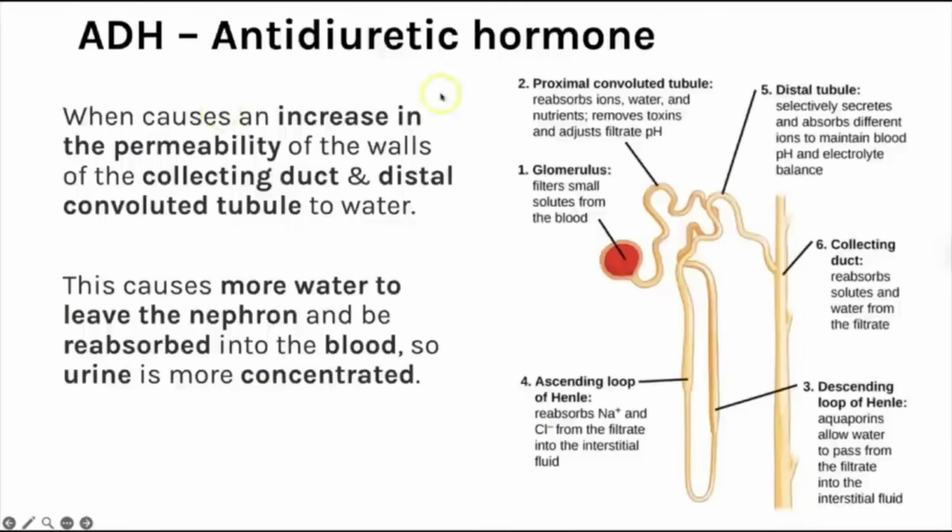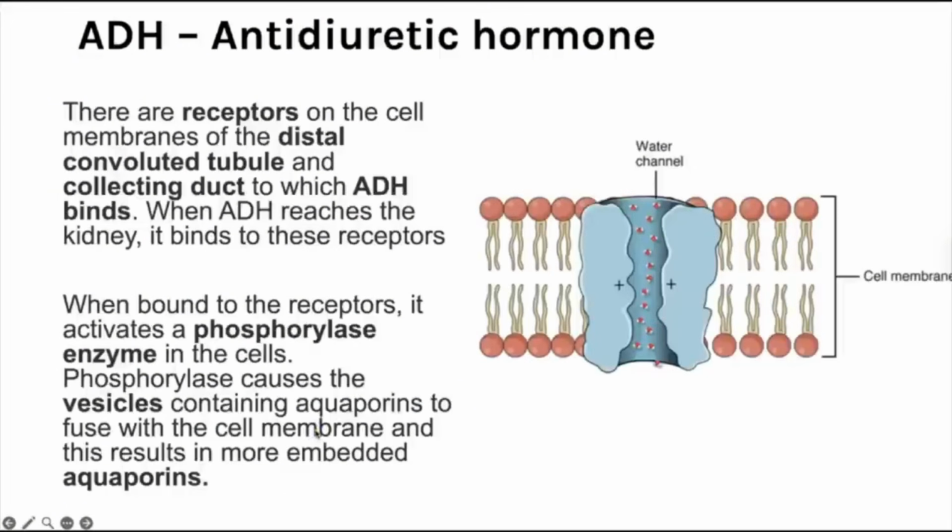So ADH, antidiuretic hormone, is going to cause an increase in the permeability of the walls of the collecting duct and the convoluted tubule. And as a result, more water is going to move from the nephron by osmosis back into the blood. And that results in urine that is more concentrated and in smaller volumes.